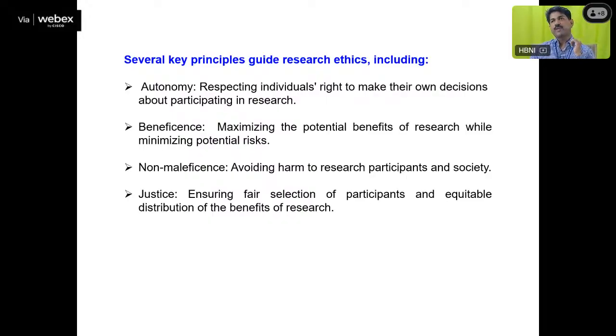When we are doing medical research, as I mentioned, the well-being of the individuals has to be given priority. If we are discovering a new drug, then in the beginning the studies have to be completed before going to human trials or animal trials.